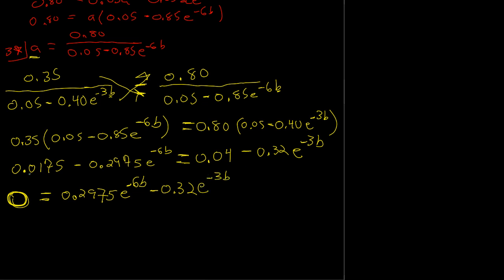And I'm going to subtract this from this. So 0.04 minus 0.0175 is positive 0.0225.